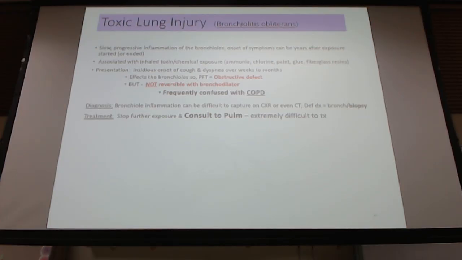You're actually causing inflammation from the fumes and the chemicals you're exposed to the bronchioles. Consult. There's nothing really else. Just correlate toxic lung injury with inflammation of the bronchioles, obstructive pattern, toxic fumes, vapors, ammonia, and referral.